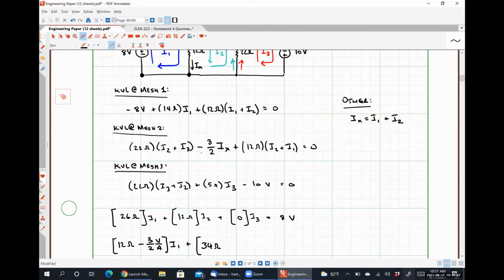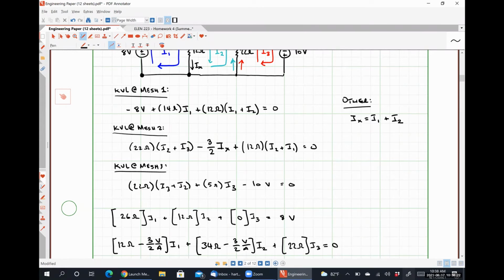But we also have -3/2 Ix, so we're going to have -3/2 I2 from that. So -3/2 per amp. This guy gets multiplied by I2. And we have plus 22 ohms times I3 equal to 0.